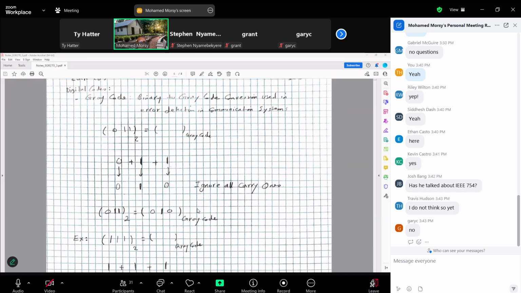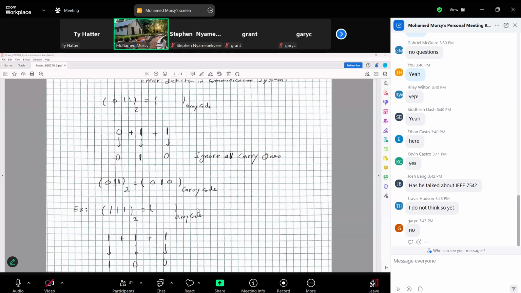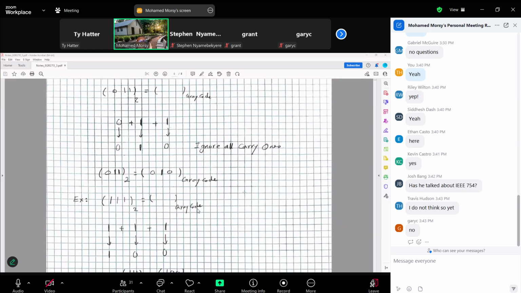This is the approach of converting to Gray code: any carry in any phase, just ignore it. So 1 plus 1 is 0 with carry 1, forget about the carry. So the result is 010. So 110 in Gray code is 010. Everyone sees this? Okay.